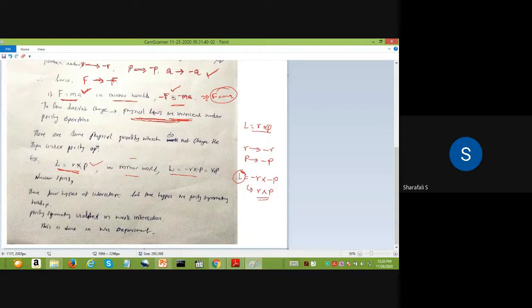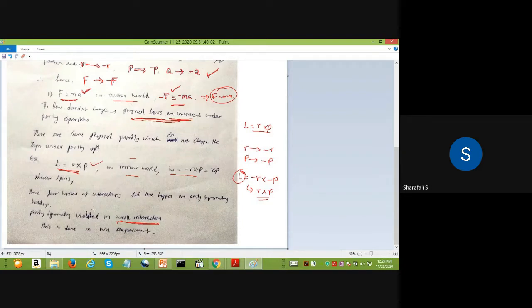They are the gravitational force, the strong nuclear force, the weak force, all those things. Okay, so among the electromagnetic force and all those forces, only the weak interactions do not follow parity symmetry, which means they violate it.